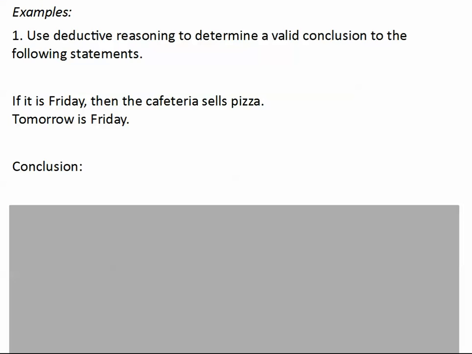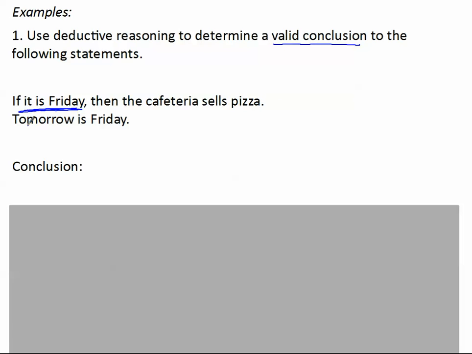Let's take a look at this example. Use deductive reasoning to determine a valid conclusion to the following statements. If it is Friday, then the cafeteria sells pizza. Tomorrow is Friday. So notice the fact that was given to us is that if it's Friday, the cafeteria sells pizza.